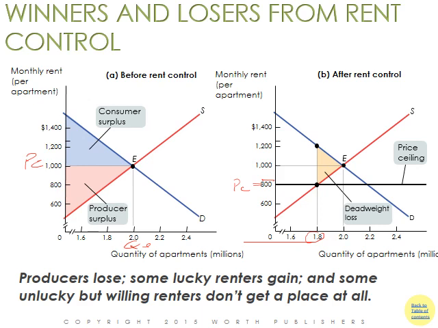And we see that there are some potential renters that are willing to pay more than what the price ceiling is. So we wind up with this dead weight loss that we looked at in the previous slide.